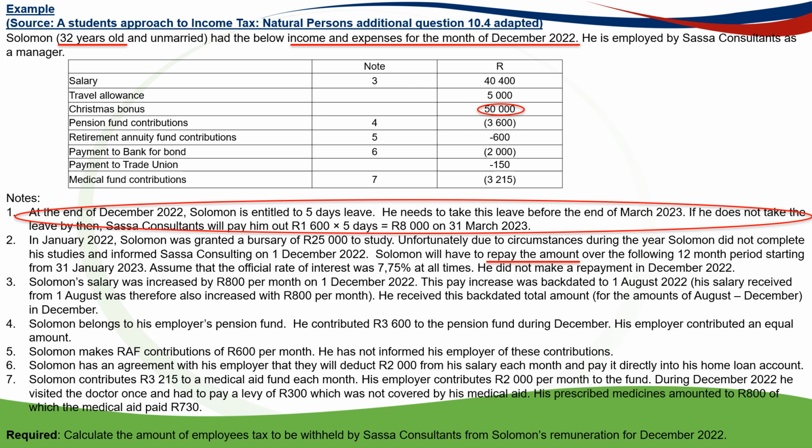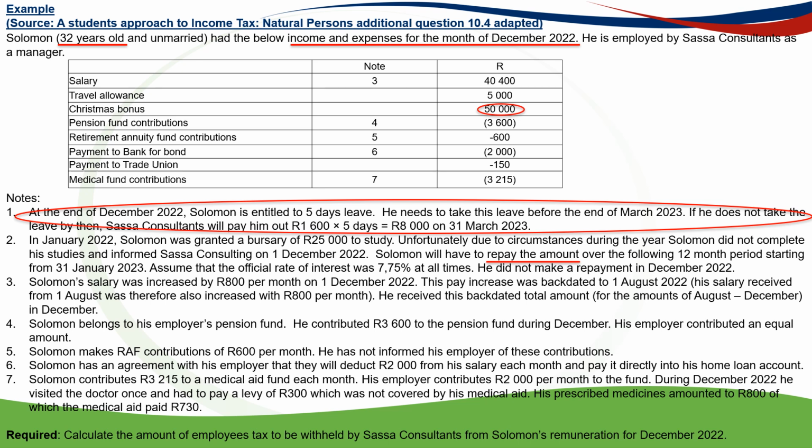Okay, the study bursary that Solomon received, he informed his employer that he has not completed his studies and he has to repay that bursary now, starting from the 31st of January 2023, the first payment. But he already informed his employer on the 1st of December, so he now has an interest-free loan.